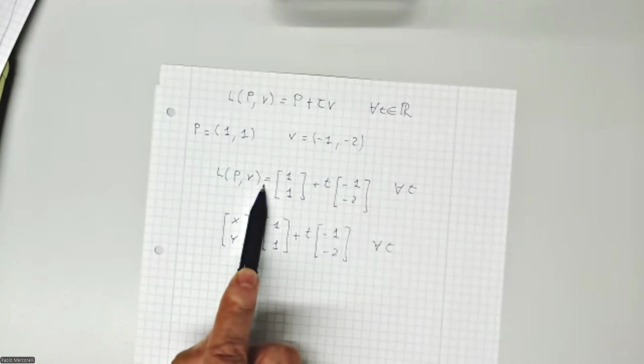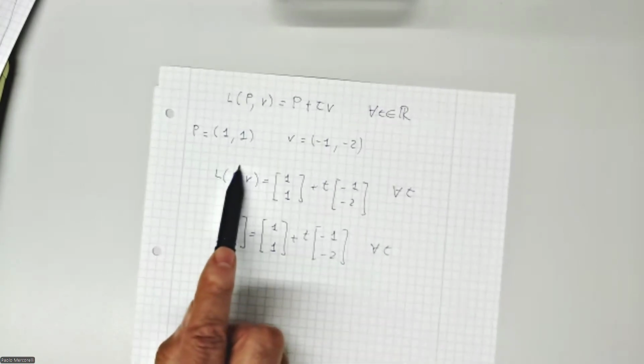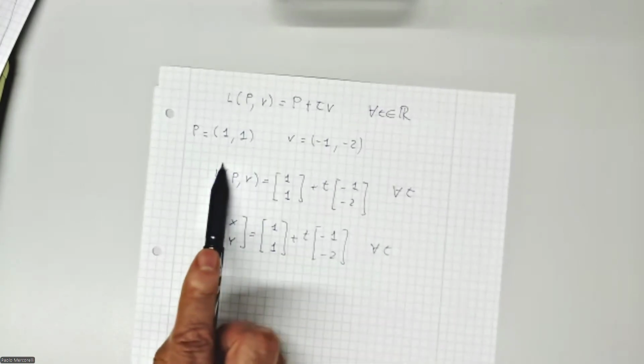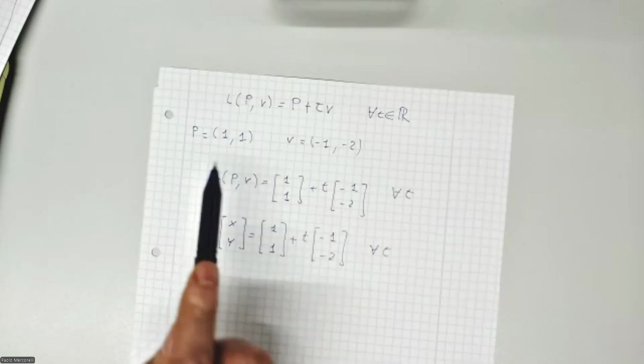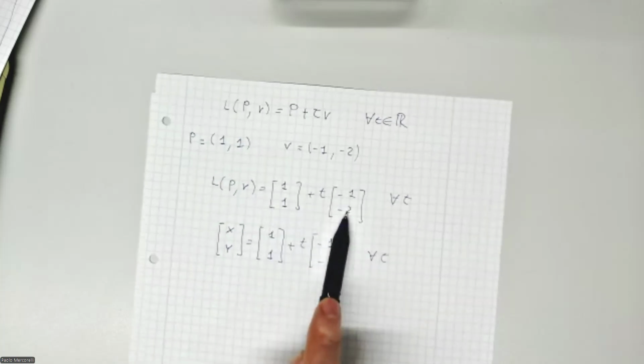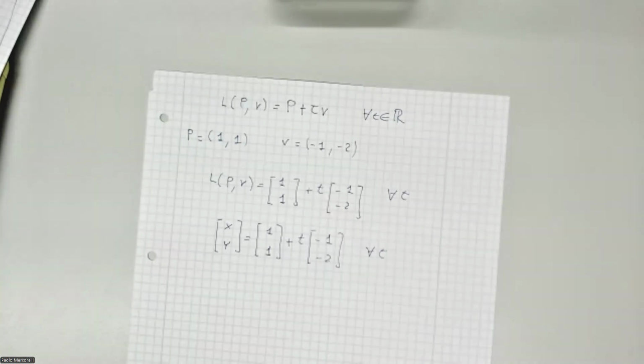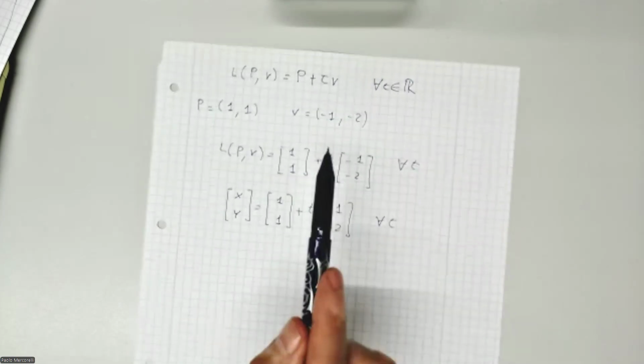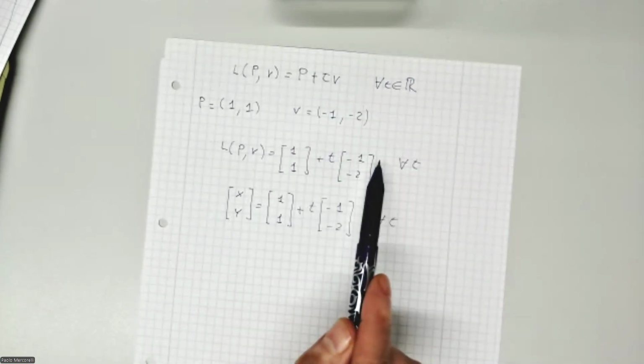This is the set, please pay attention, of elements characterized by this point and this direction, or better to say, parallel to this vector. Direction means same direction, but also opposite direction, t positive and negative. Why is it a set?